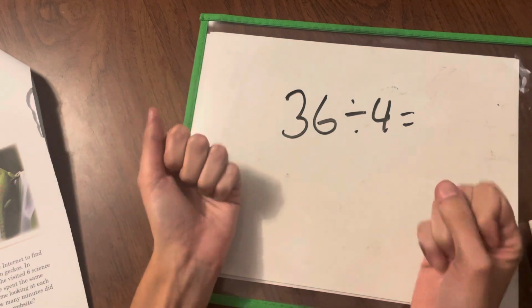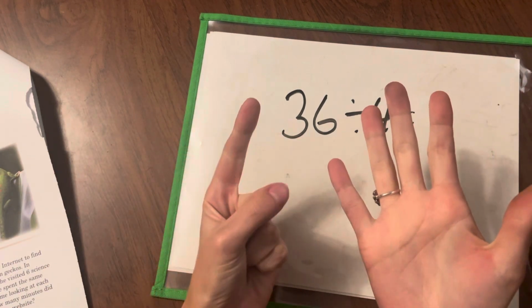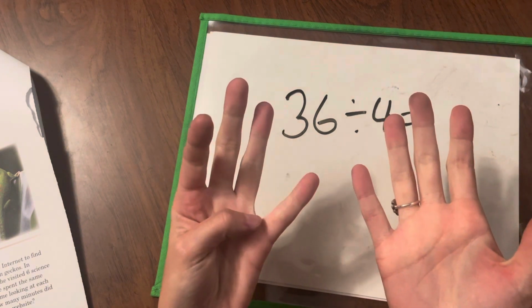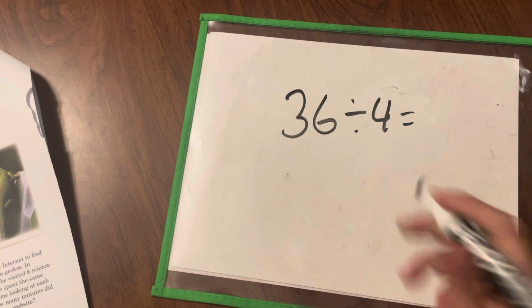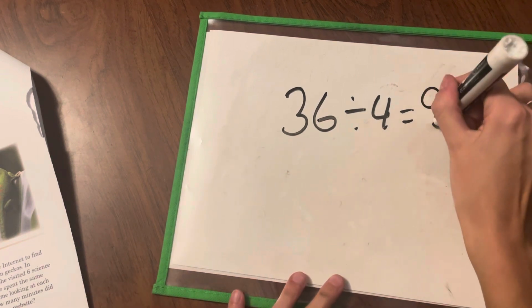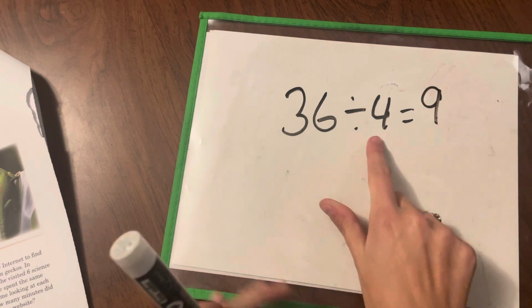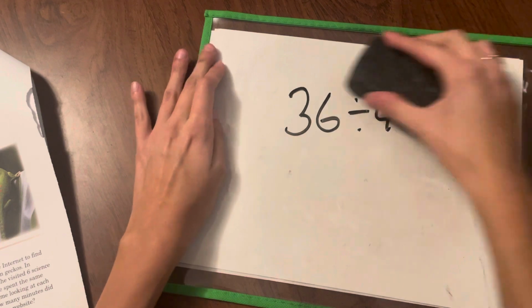Let's put our fingers up. Ready? 4, 8, 12, 16, 20, 24, 28, 32, 36. I got to 36 and I have 9 fingers up. That means if I subtracted 4 over and over and over, I would subtract 9 times before I got to 0. 4 can fit into 36 9 times.